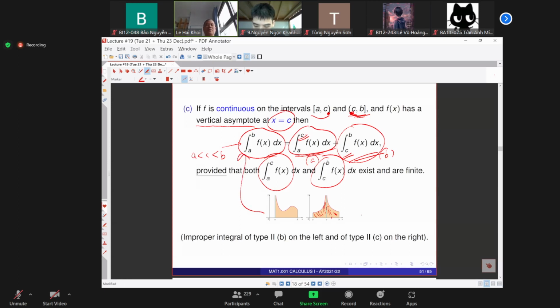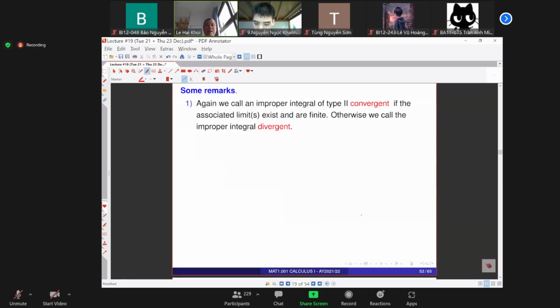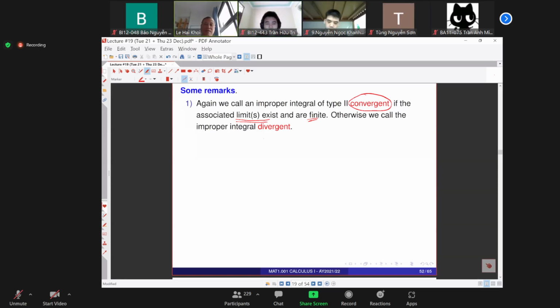Okay? And the remark is similar to what we talked about for integrals of type 1. This integral of type 2 converges if the limit we gave in the definition exists and is finite. Otherwise, which means that if such a limit does not exist or is not finite, then we say that the improper integral of type 2 diverges.